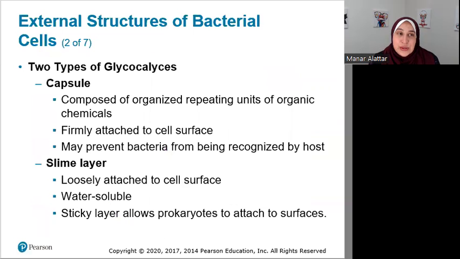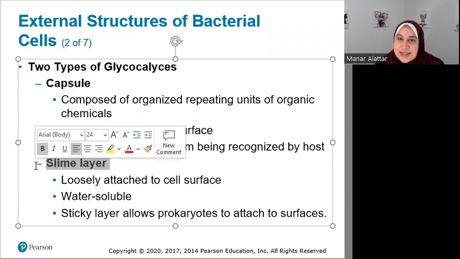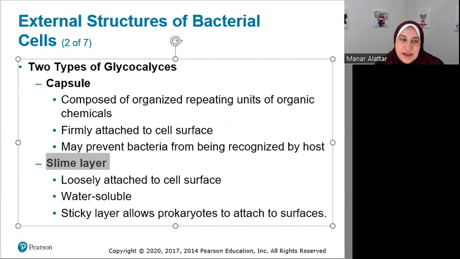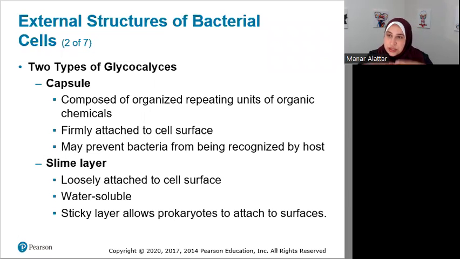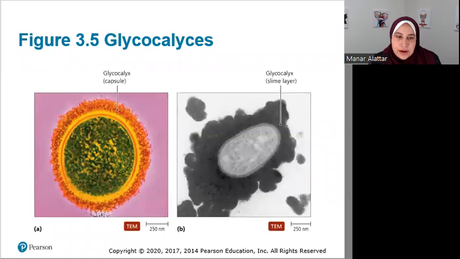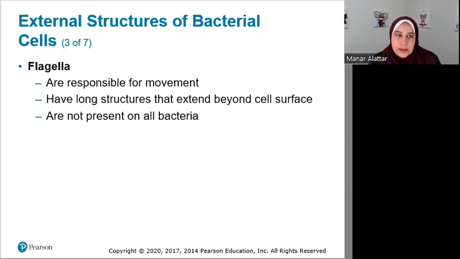So those two different types of glycocalyces, one is the capsule and one is the slime layer. Those tend to just be on the outside of the cell and are able to protect those organisms from their environment.